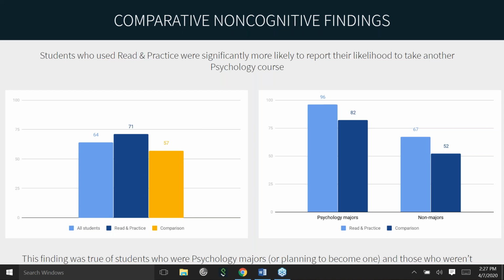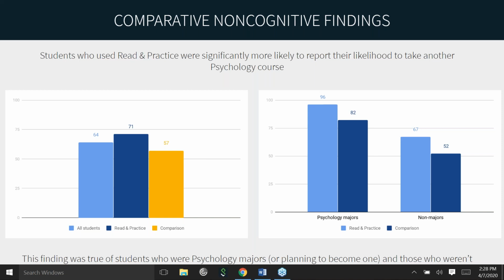And while the proportion of students who indicated they were likely to take another psychology course substantially decreased among the non-majors, there is still a significantly higher proportion of non-majors who indicated they're likely to take another psychology course after having used Read and Practice than students in the comparison groups.